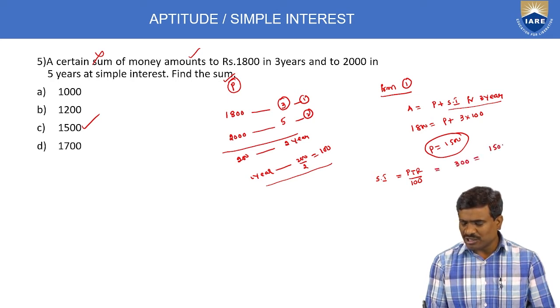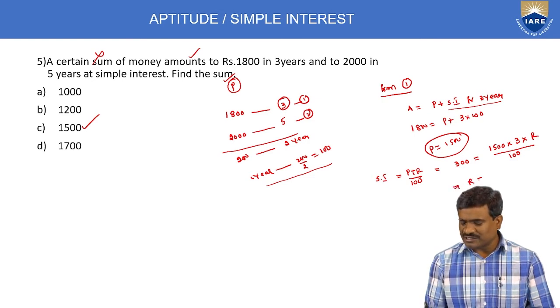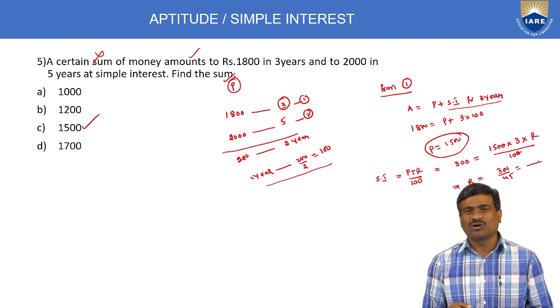Principal amount from the above statement is 1500. Time duration from the first equation is 3 years. Find the rate of interest per annum. In this equation, calculate R. R is equal to 300 by 45, which is the answer.